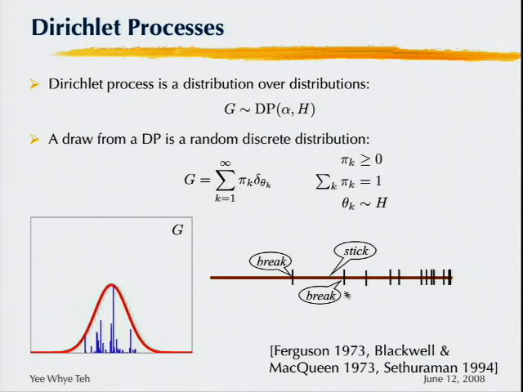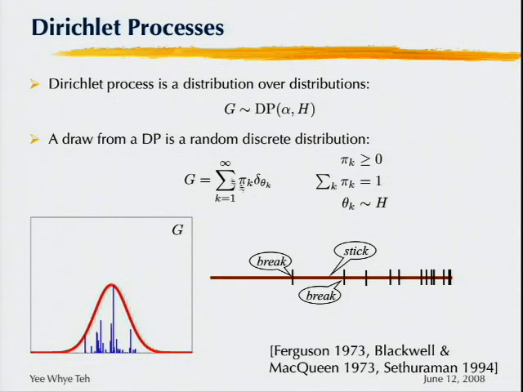And then you break it infinitely often down this way, and that's going to be pi 3, pi 4, pi 5, pi 6, and so forth. If you start off with a stick of length 1, the sum of the pi's has to be 1, by definition. So that's basically the stick breaking construction.